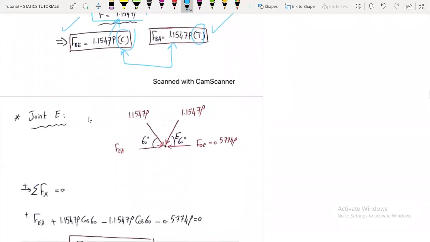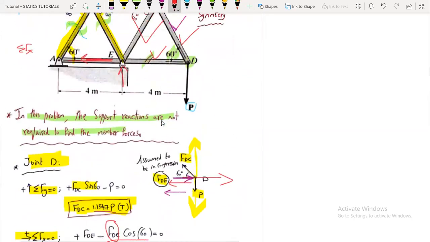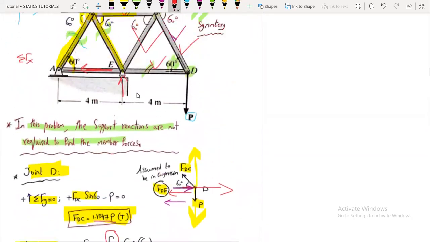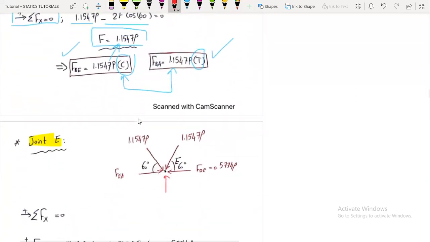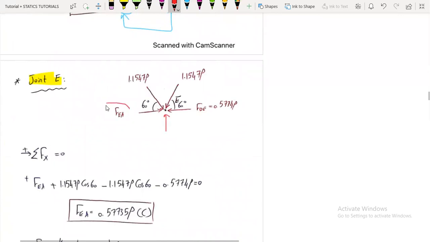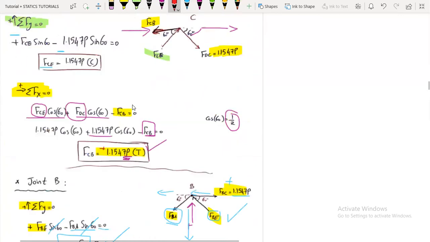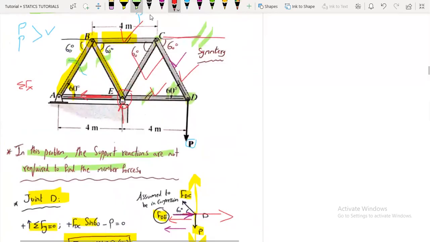Now, finally, at joint E, as we said, there is no need to find the reaction here at the roller. Why at the roller E? Because I am just going to use the summation of forces in the x direction to find just FEA. Putting the forces at joint E, I have FEC, FEB, FED, and FEA, which is the unknown.